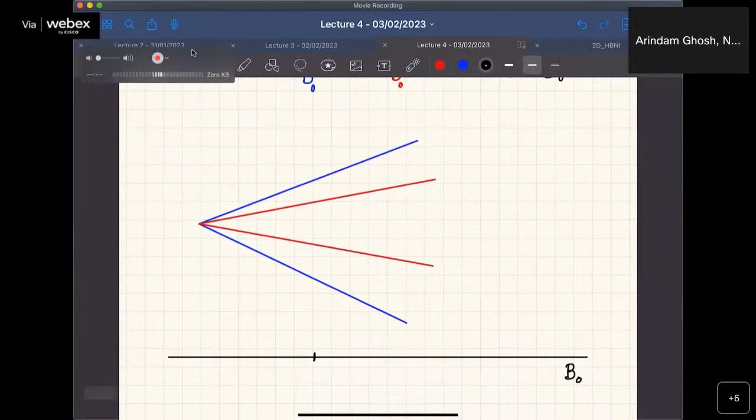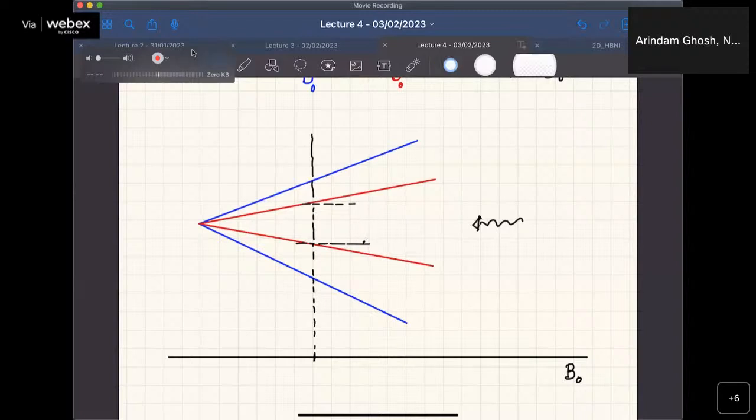So now if my B0 is fixed, what can I do? Fine. I now have to give irradiation of two different frequencies. One frequency has this much energy, and this much energy will excite the red one. Okay, I can draw it in red.